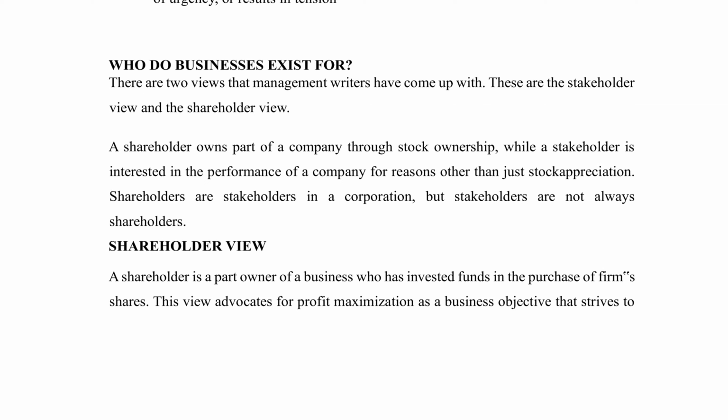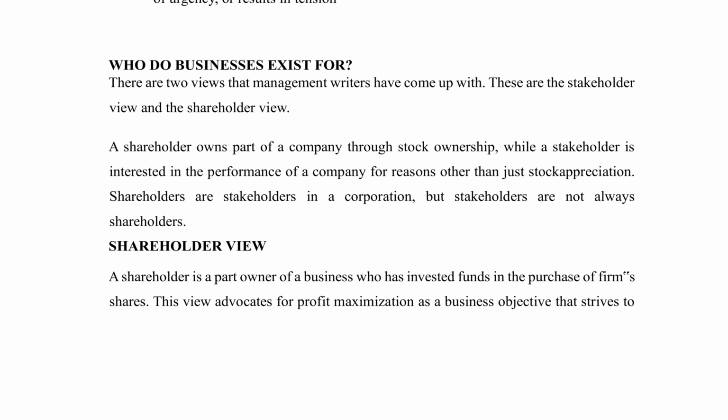Now let's look at these views. The question we are answering is, who do businesses exist for? Shareholders view. A shareholder is a part owner of a business who has invested funds in the purchase of the firm's shares.